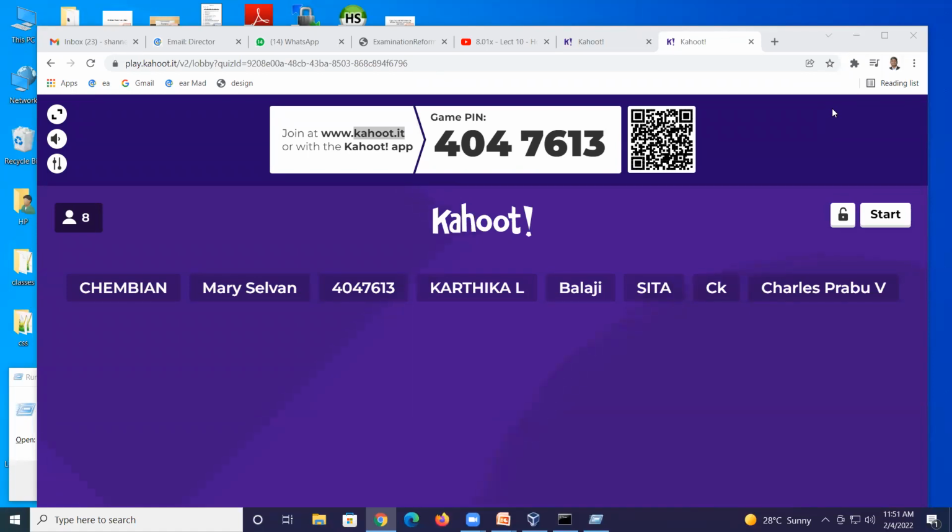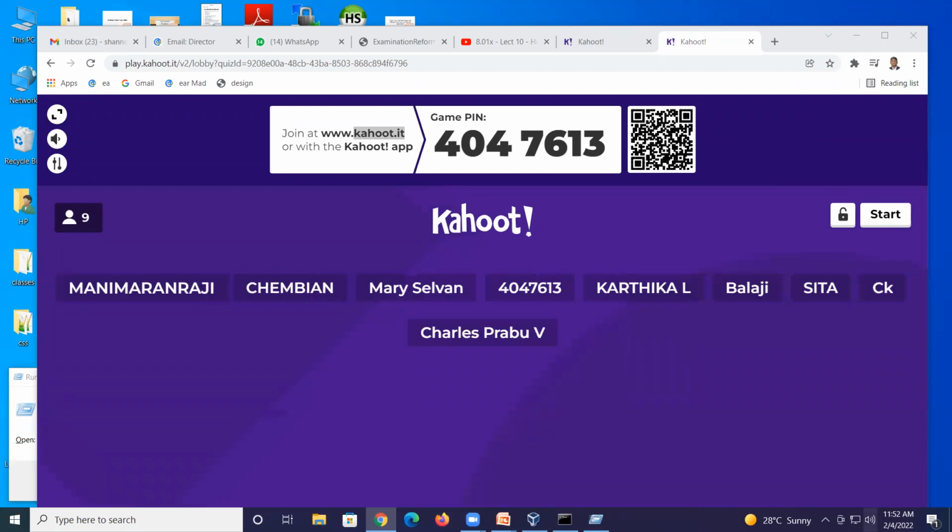Most of you may be on mobile phones, or I do not know whether you are attending or not. Many people may have some difficulty in joining. Put it in the chat box. Let me check. Do you have any difficulty? Oh, some of you are on mobile phones. Then others, whoever has a system, please join. Only 9 people, very less.